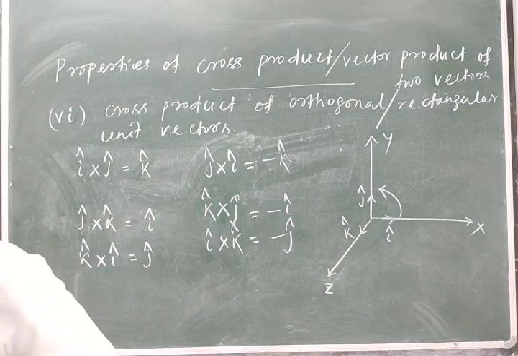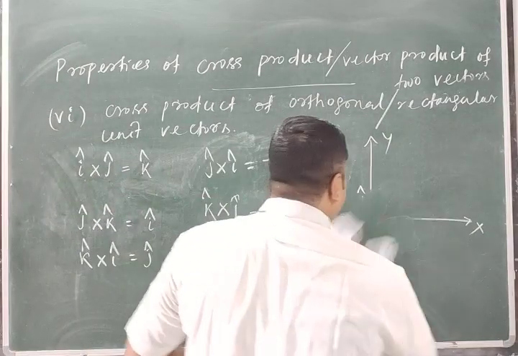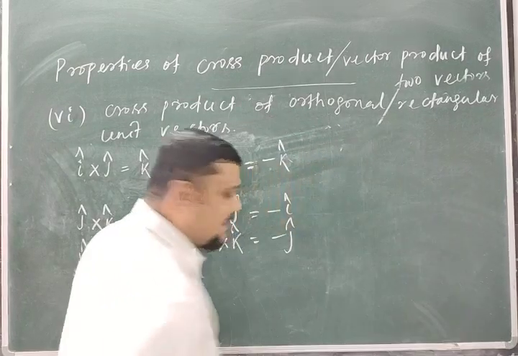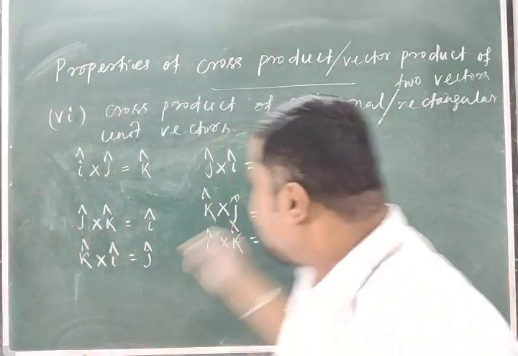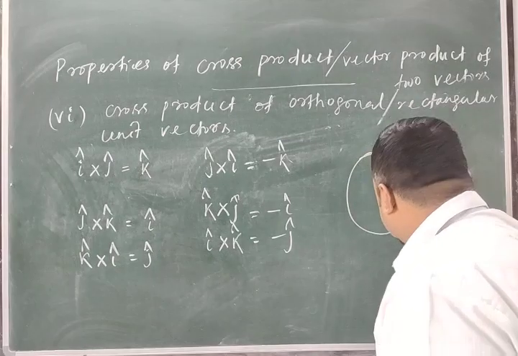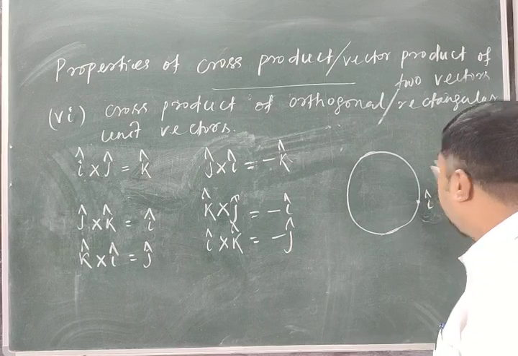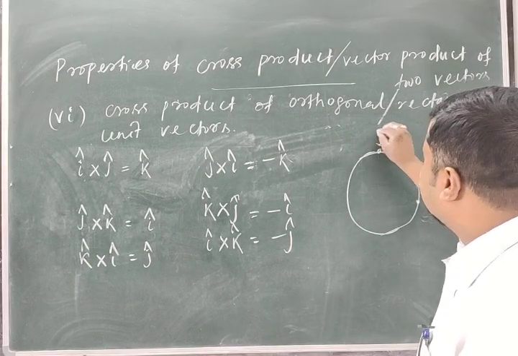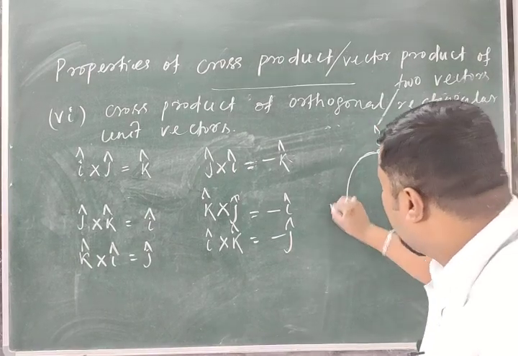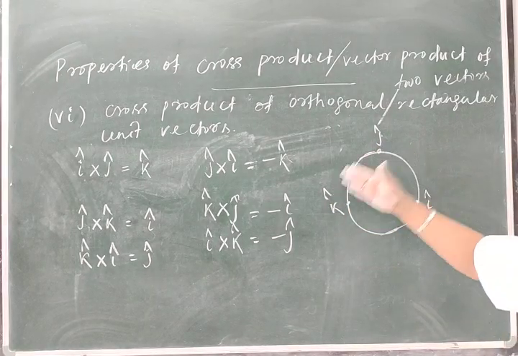To remember this, there is a simple logic or a rule I will use. You draw a circle and write I cap, J cap, K cap like the marks on your watch.